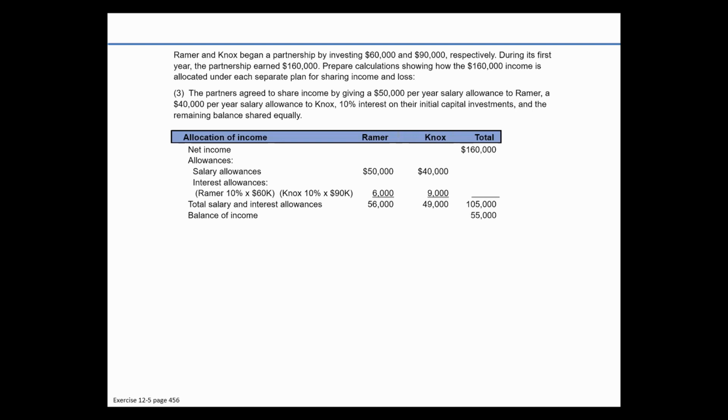If we take that, the balance of the income is 55,000, and so they each would get 27,500. And so the shares for the partners: Raymer would get 83,500 and Knox would get 76,500. And that has allocated all of the income.